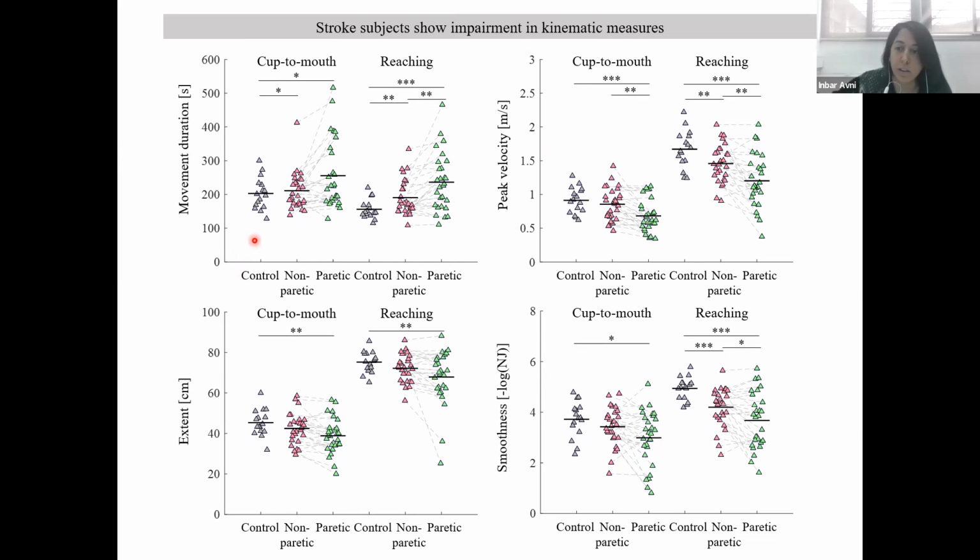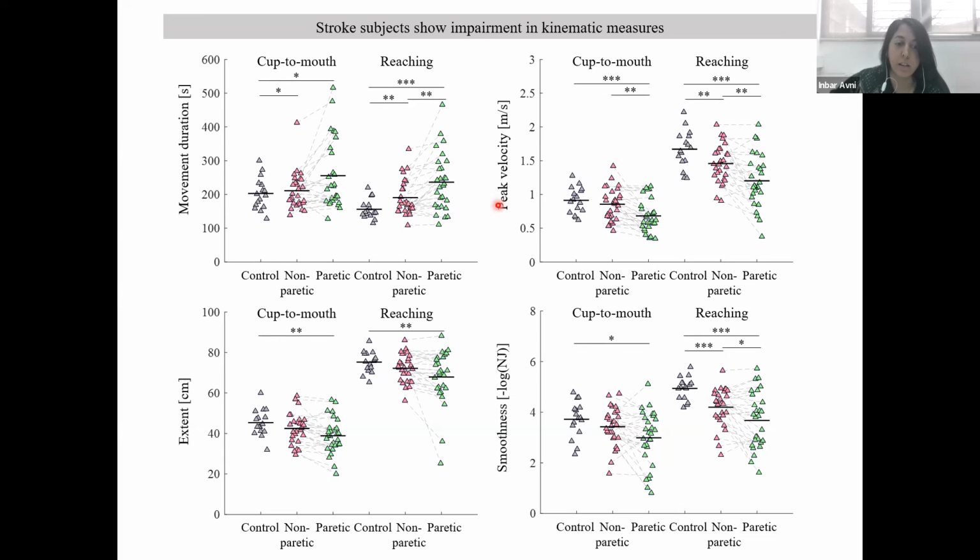Each triangle is representative of a single subject. This is compared to the non-paretic arm of the stroke patients, the non-paretic arm being the less affected side. And this is compared to the paretic side, which is the impaired side. And you can see these values for both tasks. This is a cup to mouth, this is a reaching. And in addition to movement duration, we've calculated peak velocity.